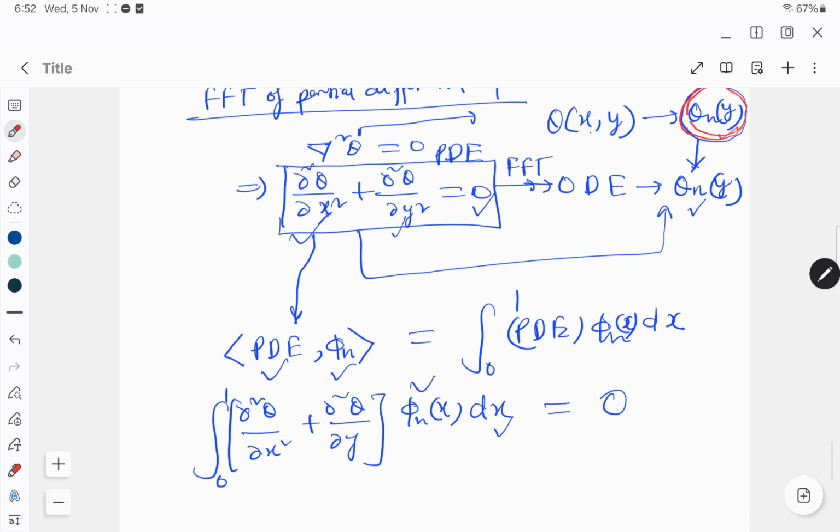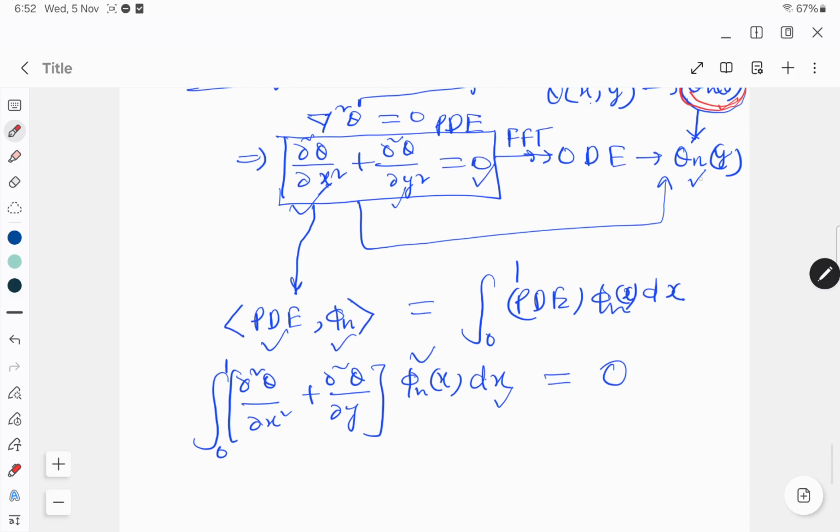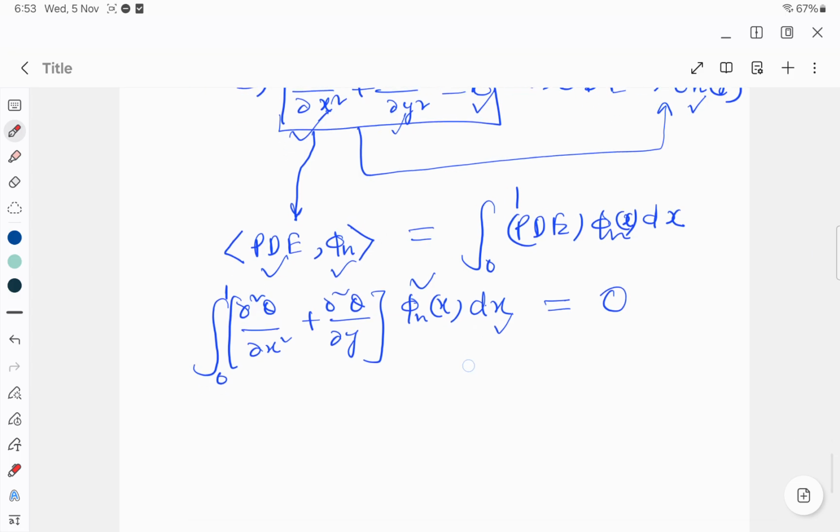You will get that differential equation by taking the integral transform, that is the finite Fourier transform, of the PDE itself. So this inner product and integral transform are both the same. Here the weighting function is also 1 that we have taken.